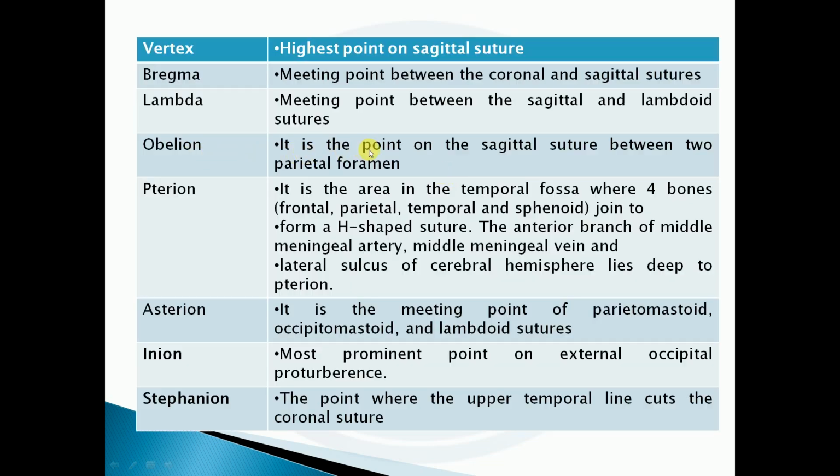Obelion. It is the point on the sagittal suture between the two parietal foramina. Pterion. It is the area in the temporal fossa where four bones, that is the frontal, parietal, temporal and sphenoid, join to form an H-shaped suture.